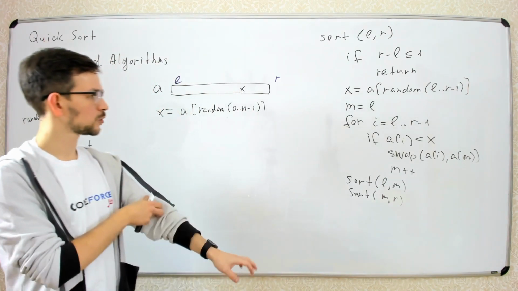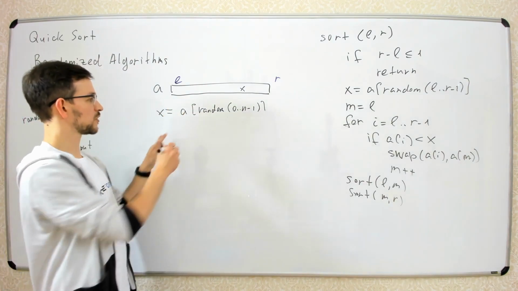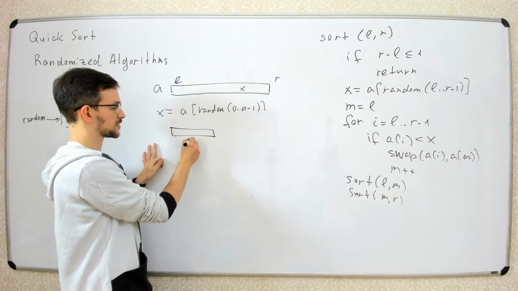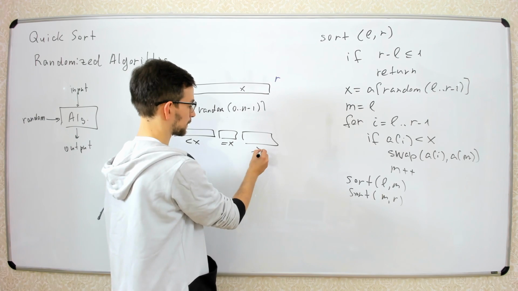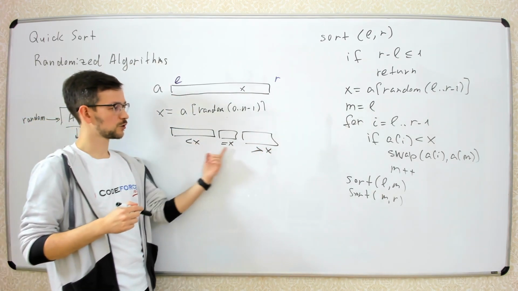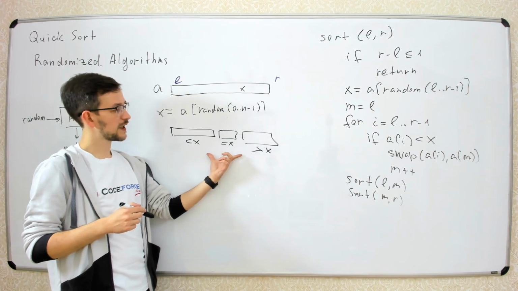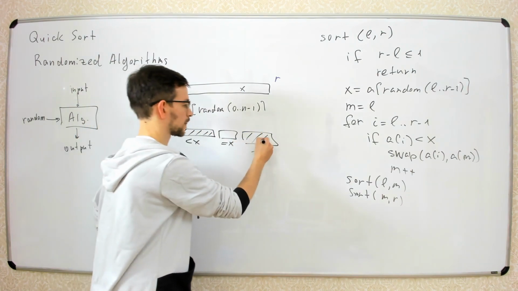One of the simple ways to solve this is to split the array not in 2 parts but in 3 parts. You can have elements less than x here, equal to x here, and greater than x here. So you split the array into 3 parts, and then call the recursive procedure for these parts.